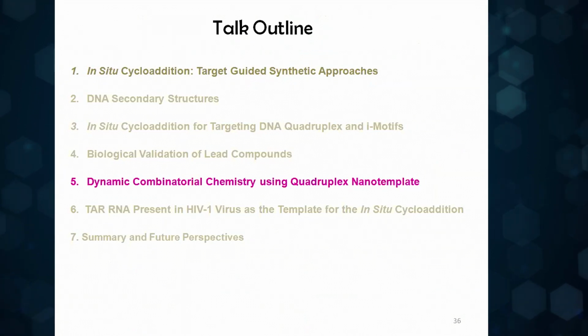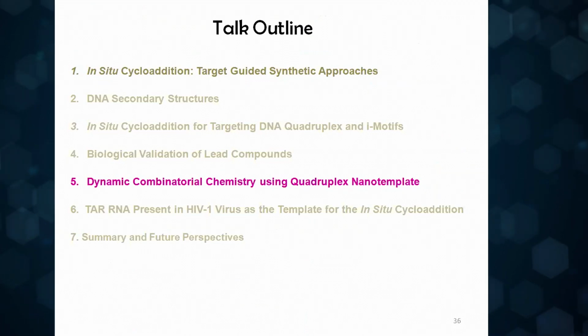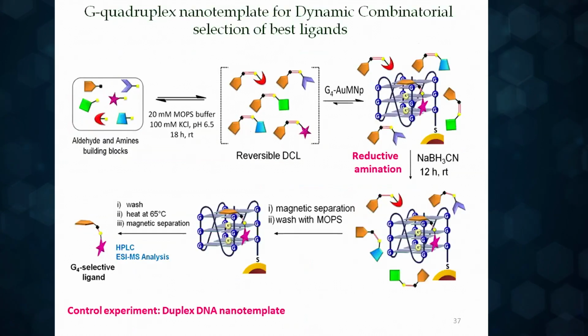this is also an approach to generate selective ligands for quadruplexes, and this is also a combinatorial approach. So in this approach, we used aldehyde and amine building blocks that reversibly react to generate interconvertible imines.